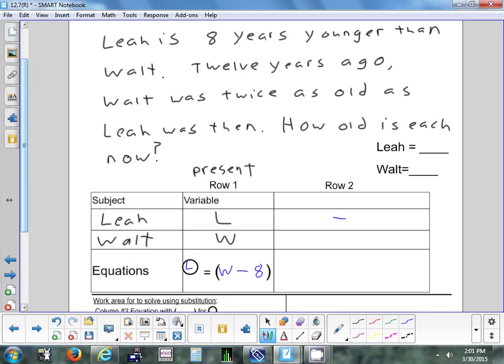So what, guys, our heading, like I did in the first one, our heading in row 2 should be what? And we know it's going to be a past problem. Remember the last one we did? We put like +8. What should Mr. Hager put for a heading for row 2? -8, right? Because it's younger than, so his heading is going to be -8 for row 2.